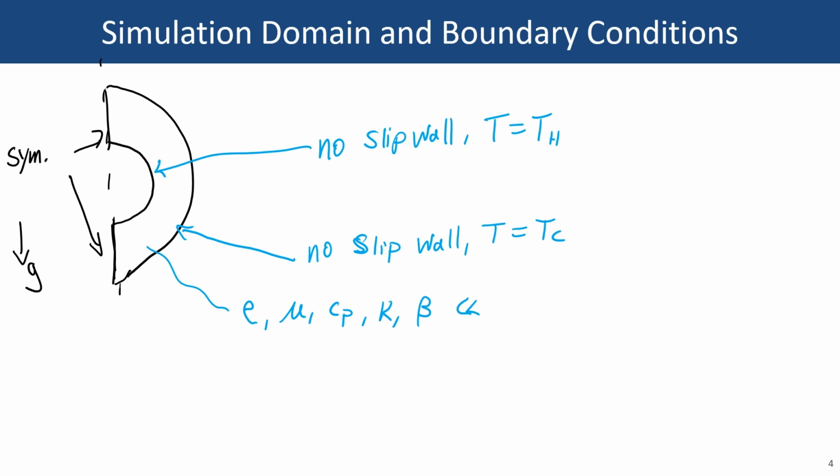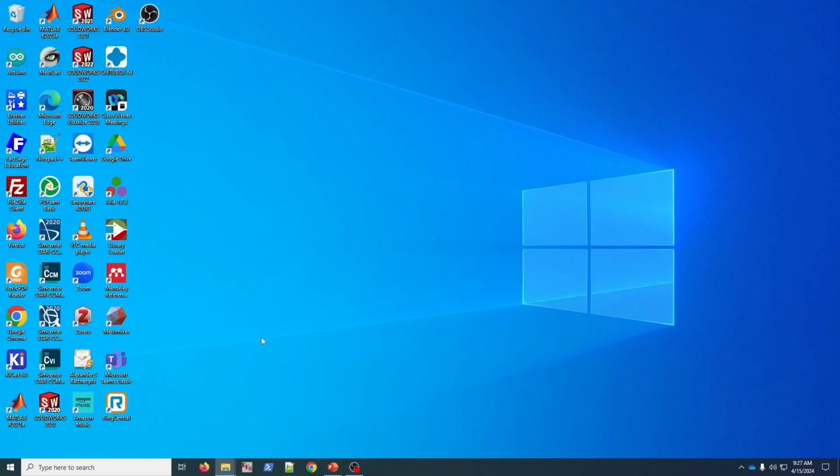For these properties, we'll look them up at the film temperature, and we can do that later using EES or some other table or software. Let's get started on setting this case up in StarCCM. First of all, let's fire up our simulation software.